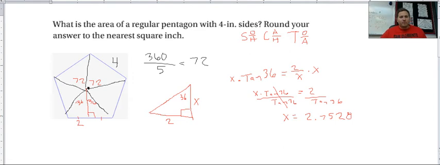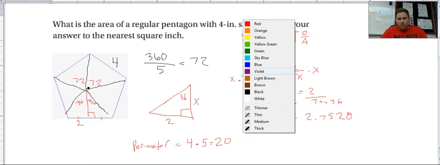Now my perimeter. If each side is 4, and it's a pentagon, which means there are 5 sides, then my perimeter is going to equal 20. Let's switch this to blue.